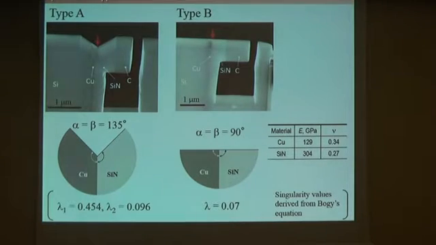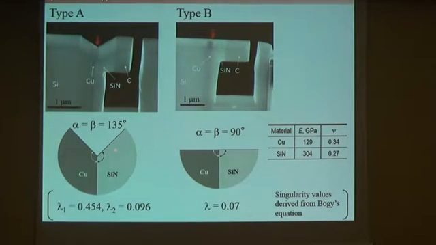And these are two types of specimens we examined. Type A has 135 degree angles on both sides of copper and silicon nitride. I mean the 90-degree wedge opening angle.